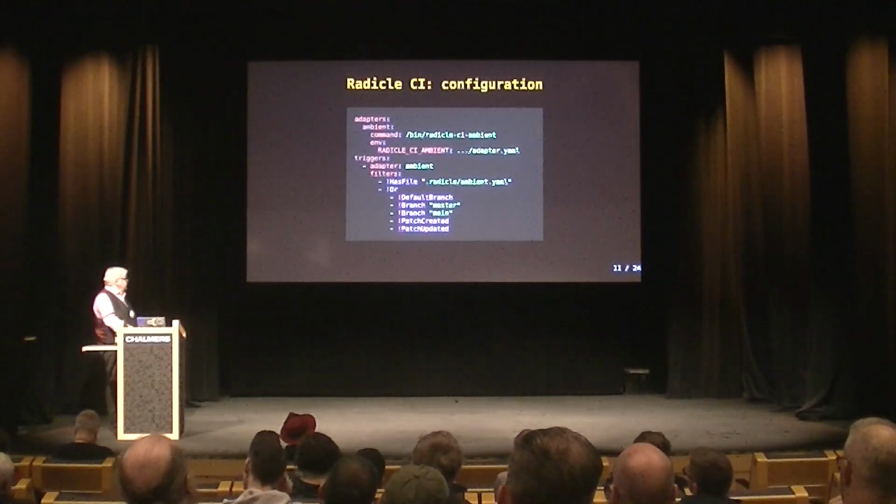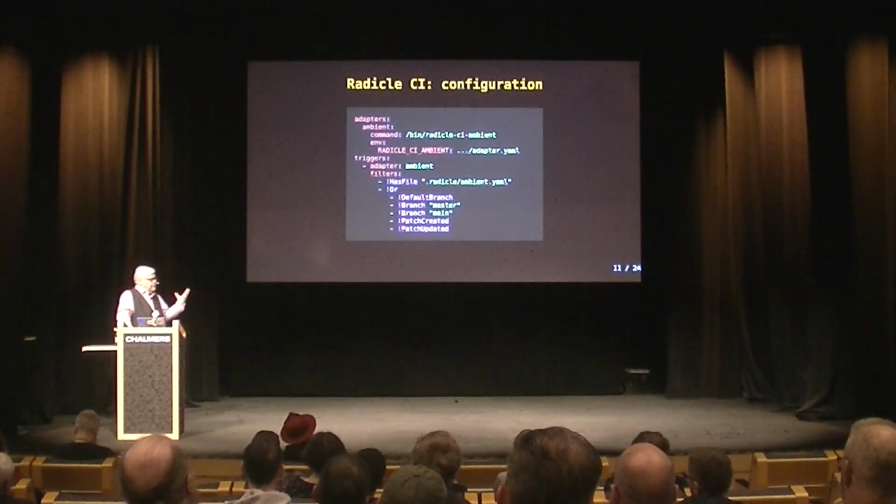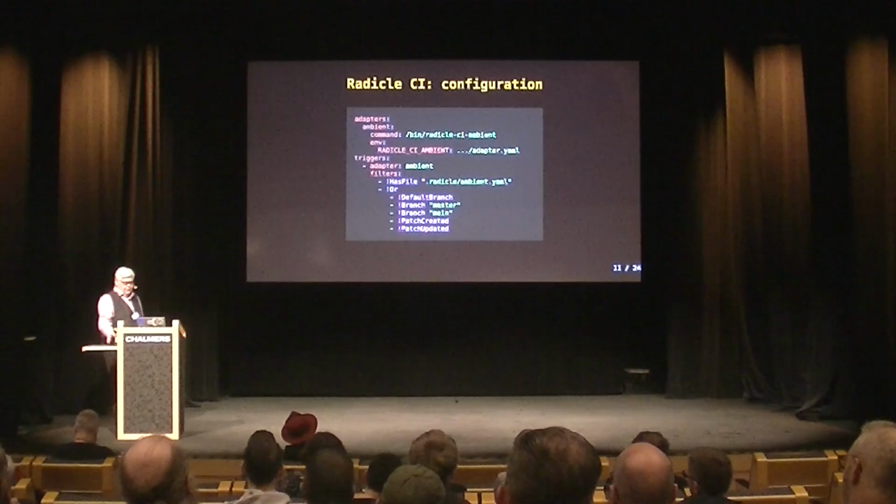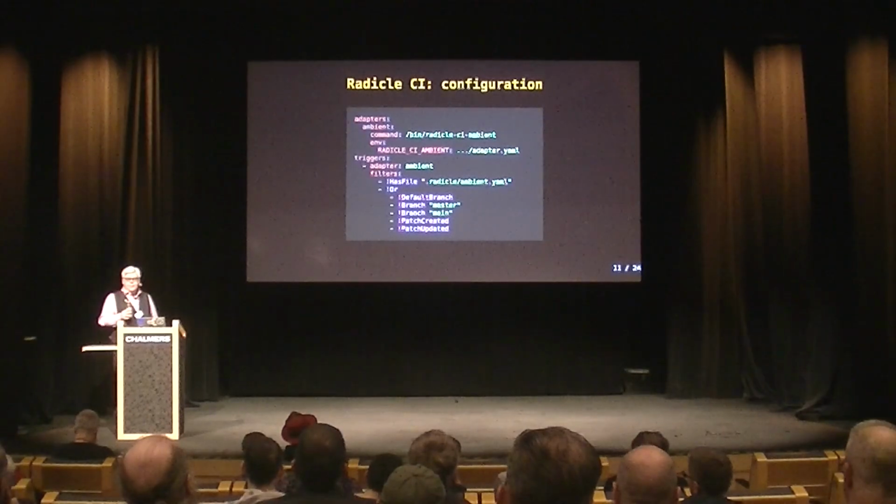There is a Boolean expression in the filters field that if this evaluates to true for a change that's coming in, then CI runs. And there's a whole bunch of conditions you can put, and it's up to you and your Boolean expressive skills.